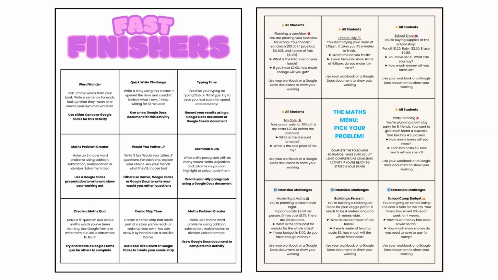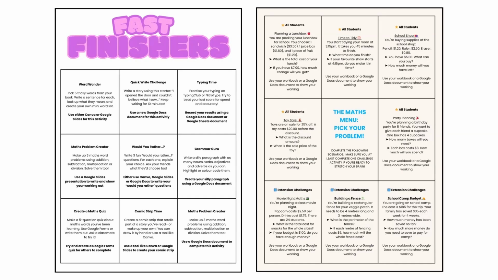All right, this particular choice board here I created because I thought this would be a really great one to pop up on Google Classroom so that if I ever had students that were very efficient and completed their work and learning activities really quickly, there was something for them to go and work on after they had finished.